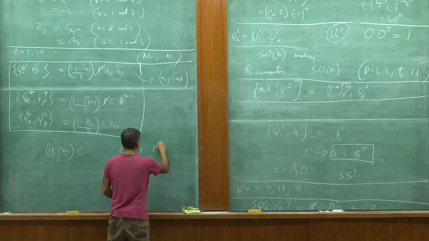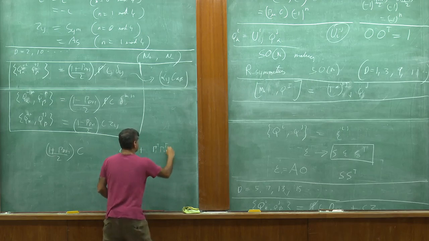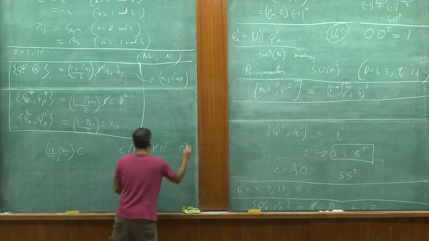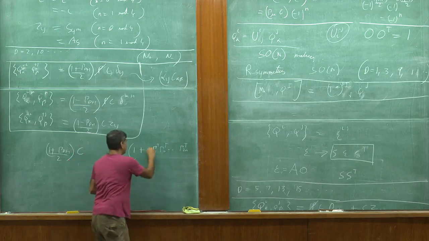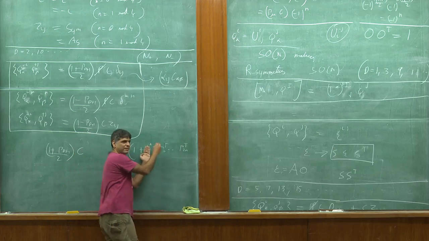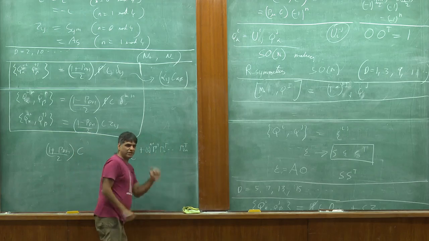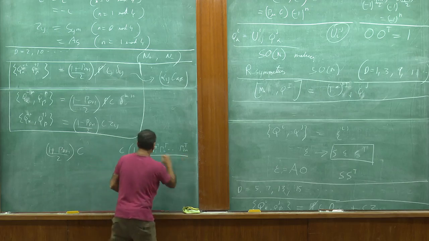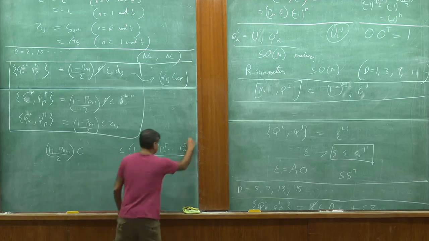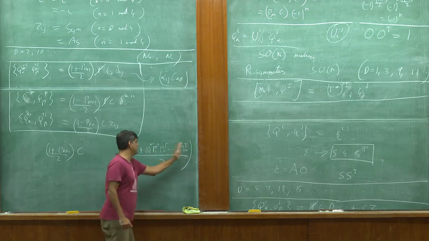Gamma 1 transpose, gamma 2 transpose, gamma 2n transpose, times the same i to the power n that we always do, whatever. This factor has not changed. Maybe we called it i to the power n minus 1 for the Lorentz group, times C. Is this clear?